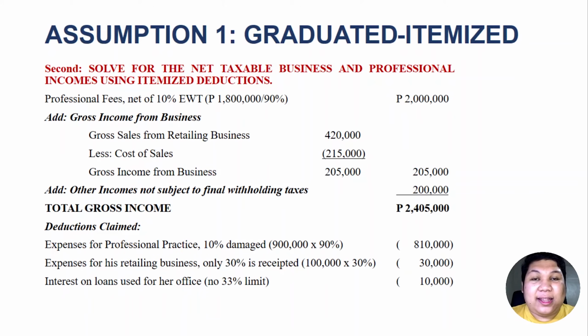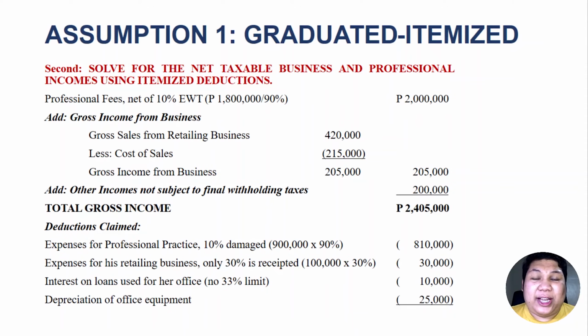But in this case, there was no given data whether he has interest incomes subjected to final tax. Therefore, there is no limit because there is no interest income subjected to final tax.